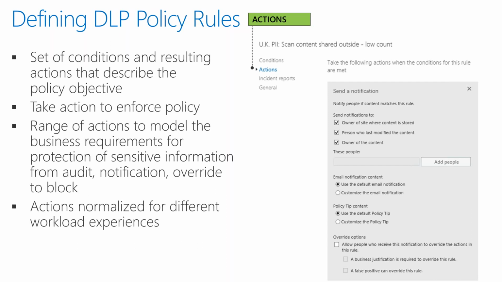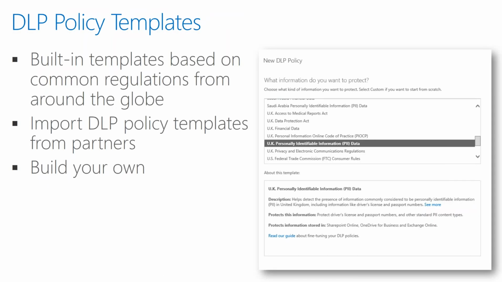If you collect credit card information, there's a PCI compliance template. If you're in the U.S. and you would like to prevent trading of credit card information, you can enable that as well. And I believe as of now there's over 56 templates available just in the U.S. and well over 80 to 100 templates available out of the box, with obviously an ability to customize more on your own.